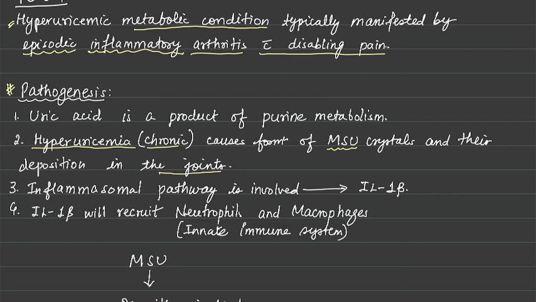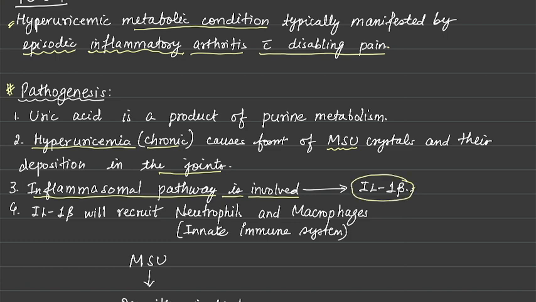There they will ultimately cause inflammasome pathway activation. See, the inflammasome pathway is involved in the innate immune system. So the end product of this pathway is interleukin 1 beta.